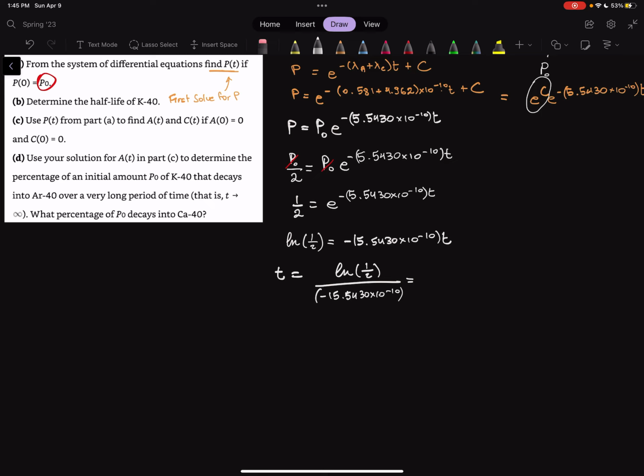And if you do that, let's see. Logarithm of 0.5 divided by negative. See, here I made a mistake because this was a parenthesis. This was a 5. So minus 5.5430 times 10 to the negative 10 right here.